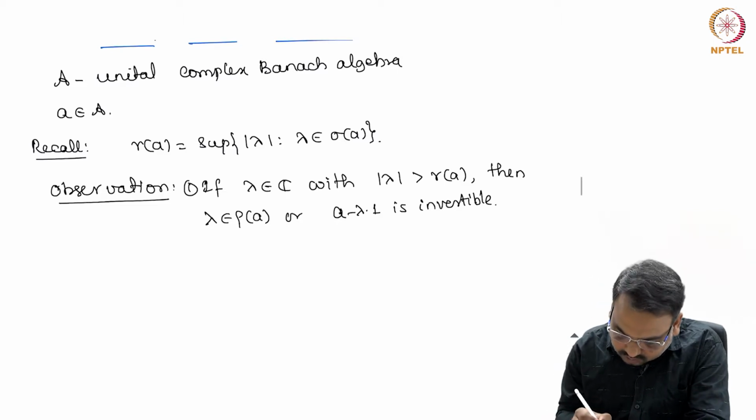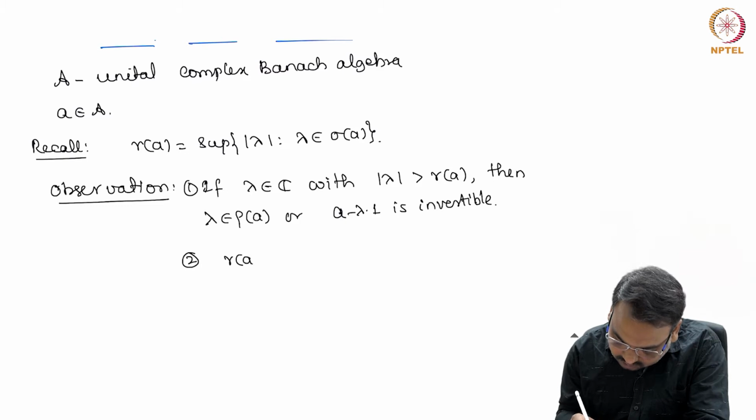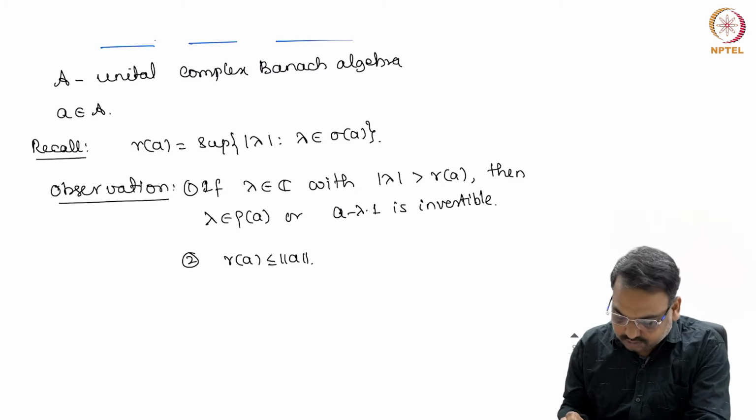And we also have observed that the spectral radius is always less than or equal to the norm of a.